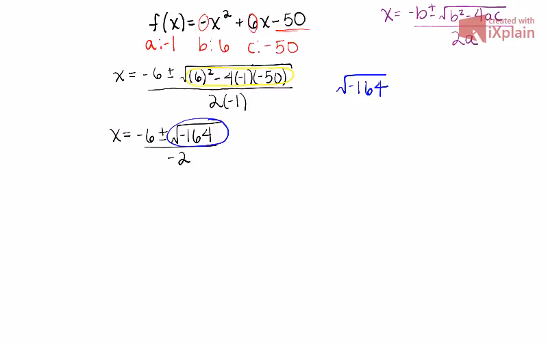And whenever you see a negative sign underneath the radical, the first thing you want to do is pull out an i, so that this will become square root of 164 times i. Once you have that taken care of, you can go ahead and simplify 164 by deciding what two numbers multiply to give you 164. You could use your calculator for assistance on this part.